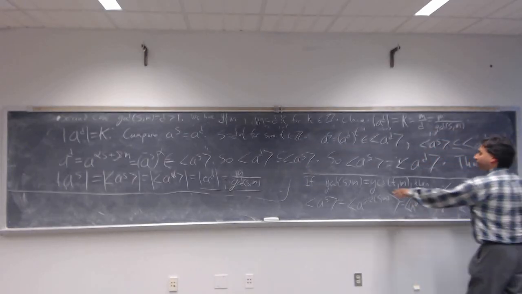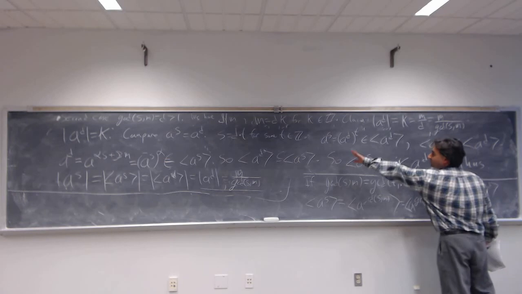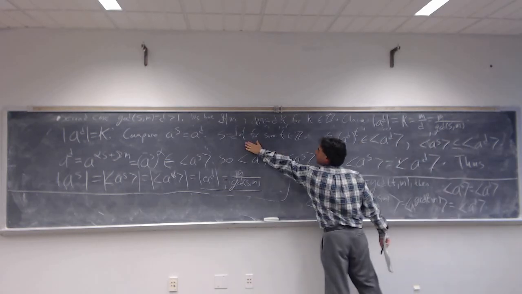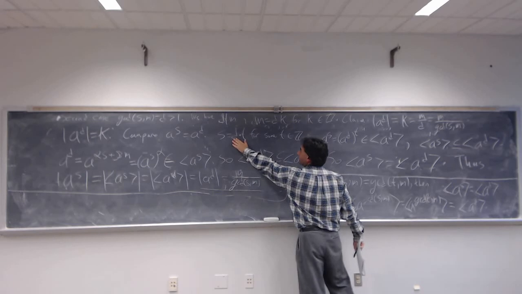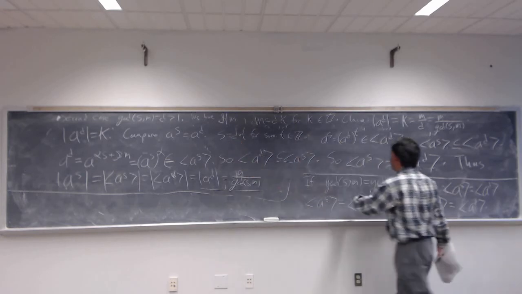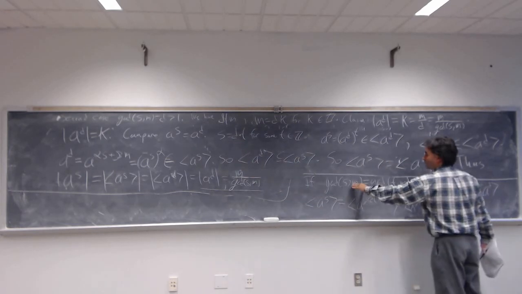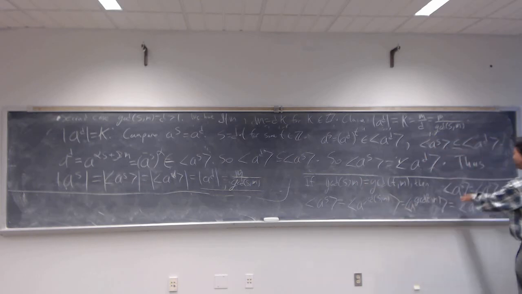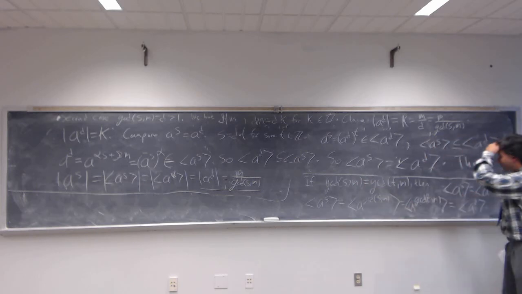And so now, if both these elements s and t are such that there are two integers that have the same GCD with m, because the greatest common divisor is one divisor, then we've shown these two subgroups are the same.